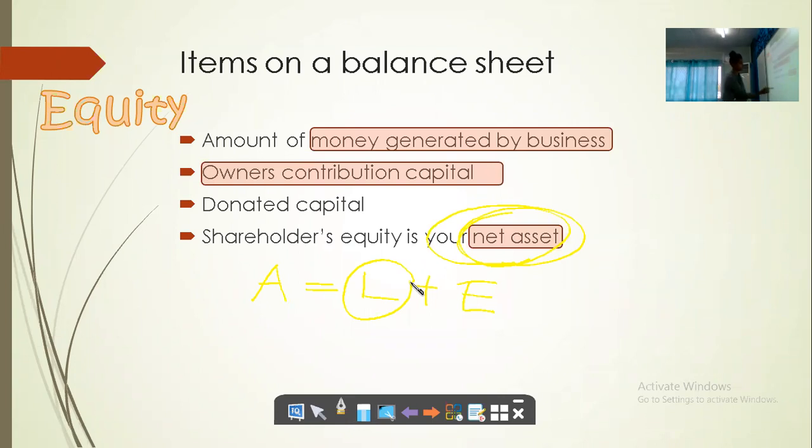So a business's net worth can be taken from the equity portion of the balance sheet.